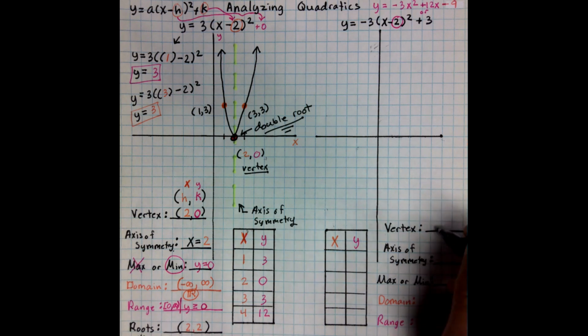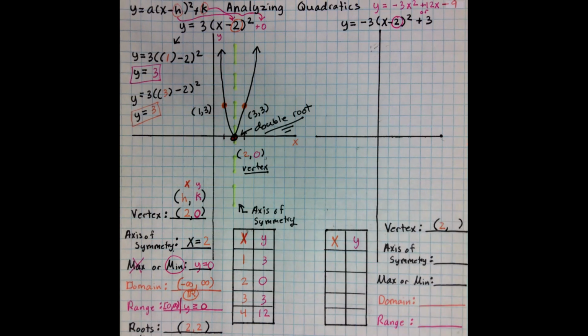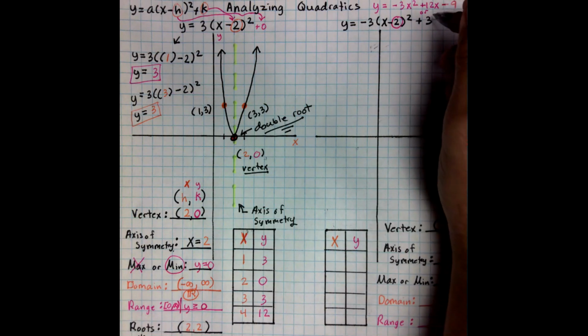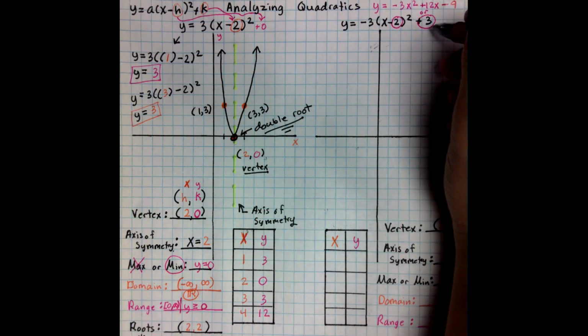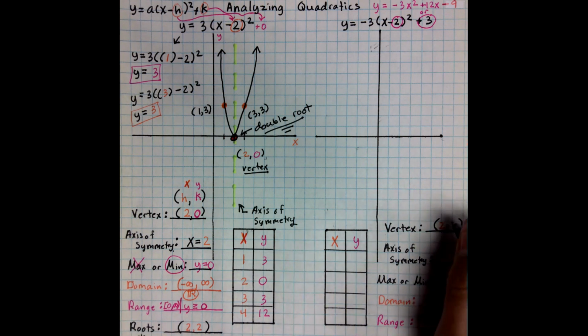So when it talks about the vertex, let me go ahead and write my ordered pair. I can say with confidence we're going to have 2 for our x value. And then notice over here at the end it says plus 3. So that's going to be my y value, or the k value. So I'm going to write 3 for that one.